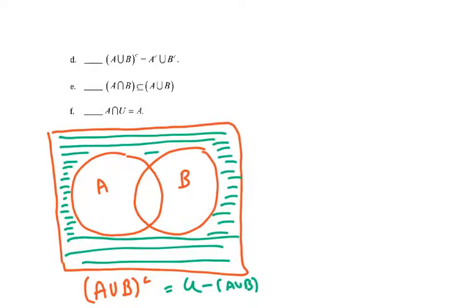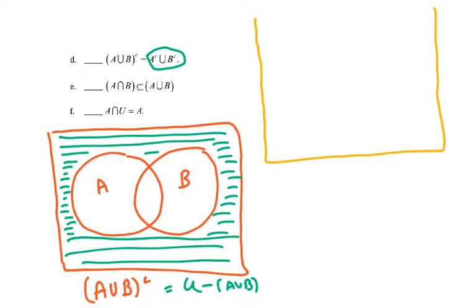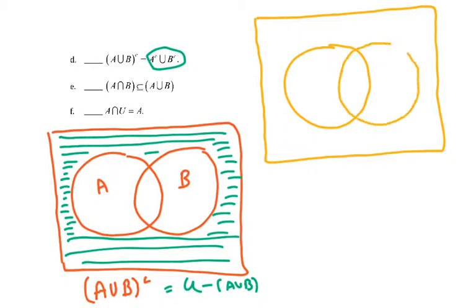All right, so what does this one look like? Well, that one's going to be a little more complicated. Let's see what it looks like. Here's A, here's B, and this is a union. So I'm going to shade A complement in red.